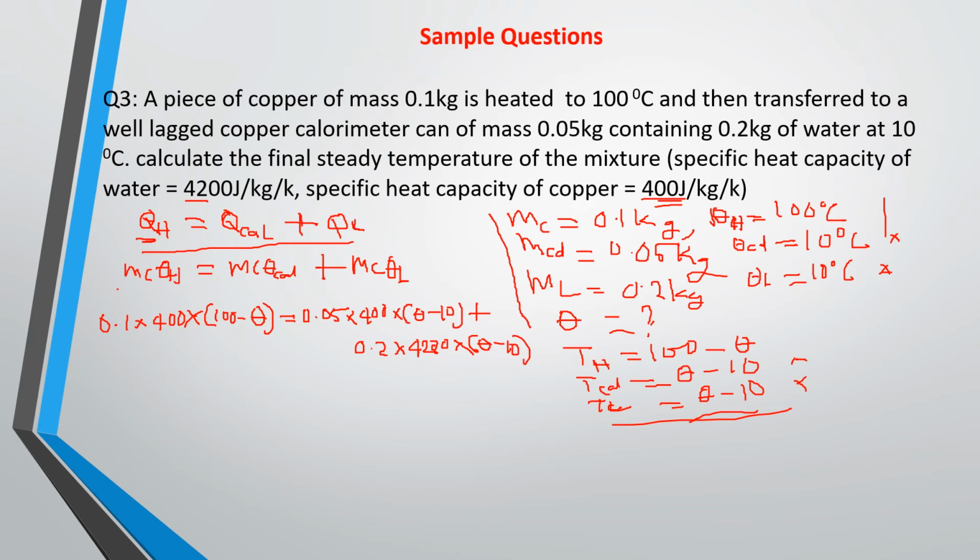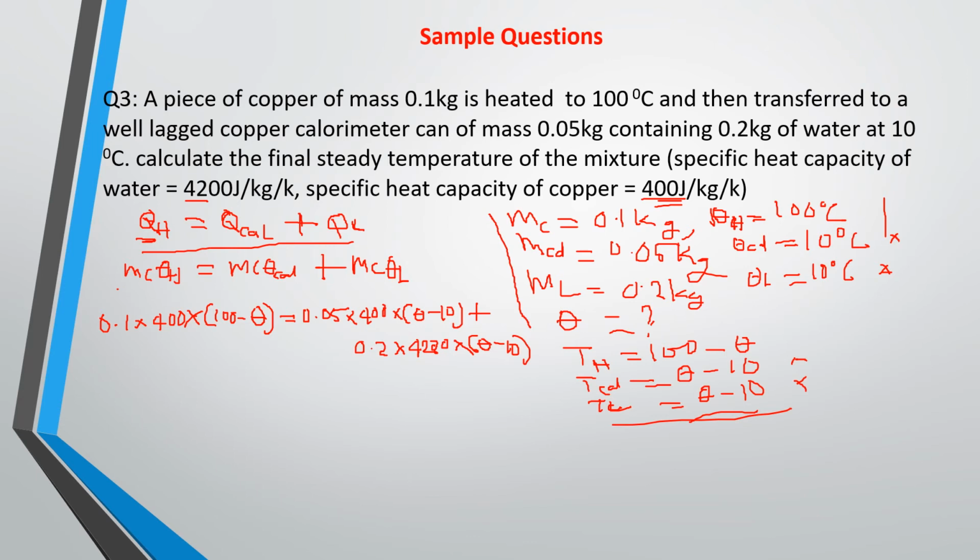You have written everything. Once you have gotten to this stage, the problem is solved already, right? So you can do your multiplication out and then you will get to your solution. If you multiply all this out, your answer will come out readily. 0.1 times 400 is 40.